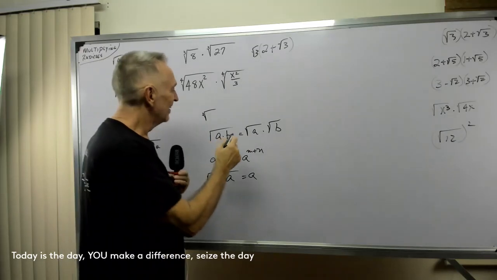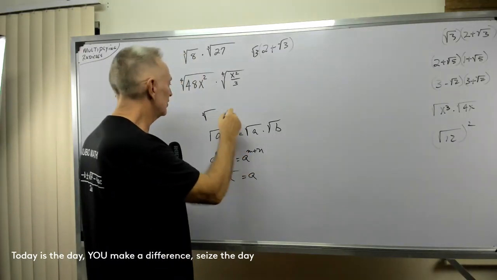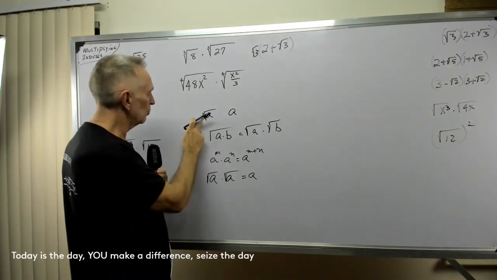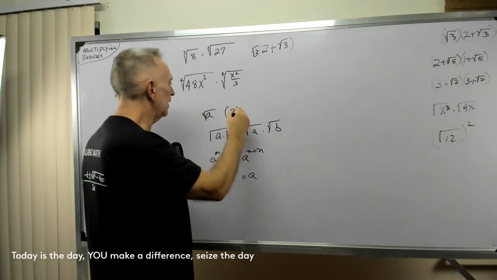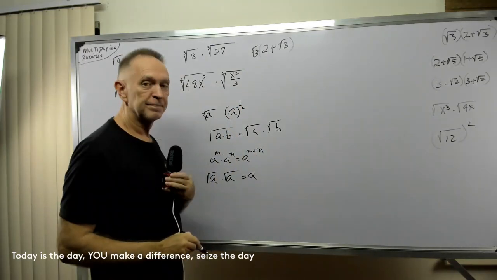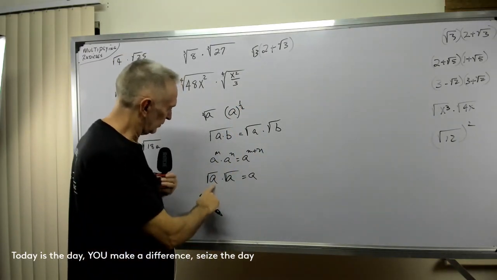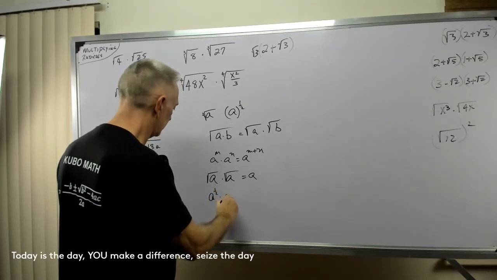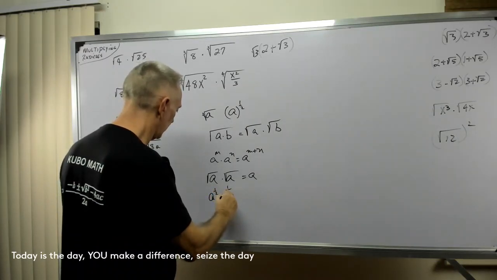If I have the square root of a, that's really a to the 1/2, which is what this is. So here I have a to the 1/2 times a to the 1/2.